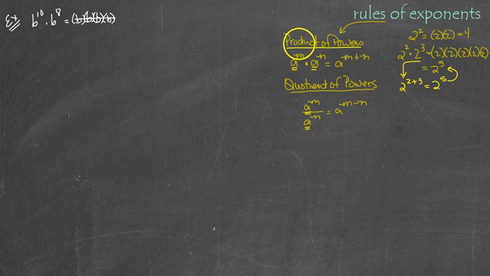Let's use the product of powers rule. This is b to the 10 plus 8. I know you can do 10 plus 8 in your head, but I want you showing your work while you're learning this new concept. So b to the 10th times b to the 8th is b to the 10 plus 8, which is b to the 18th, done. But I want to see all 3 of those steps.